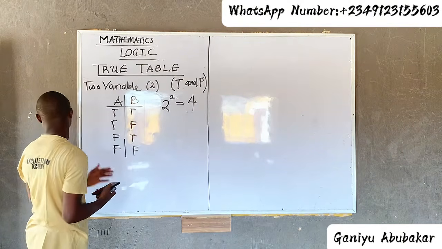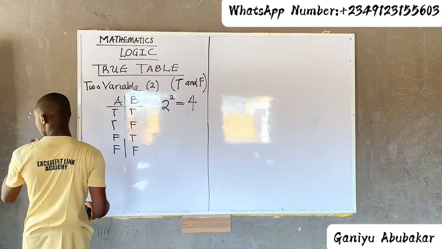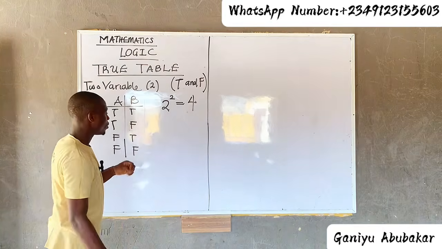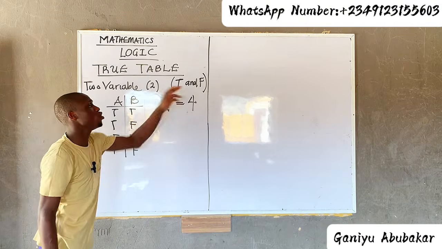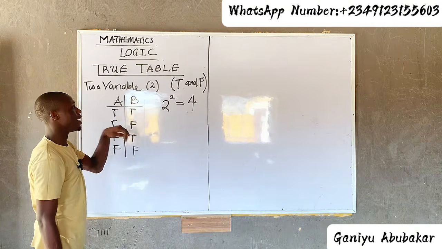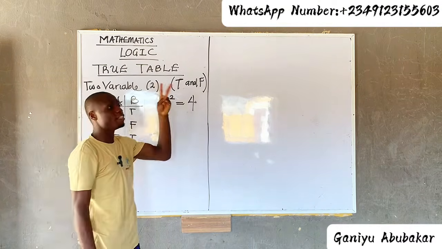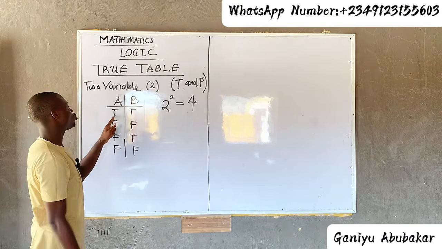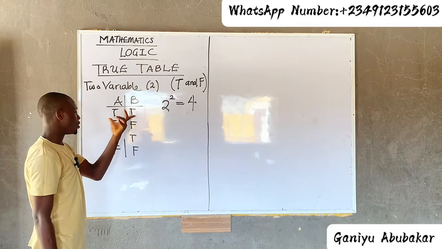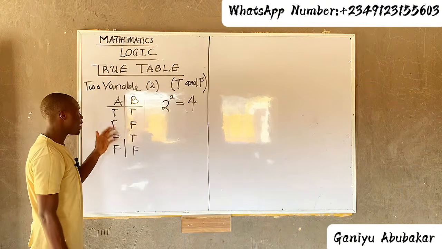Listen, I'm only focusing on true and false. So when it comes to the table there, I'm only focusing on true and false. So the task is that I'll do my true and false arrangements such that I'll not repeat any other arrangements. Look at true. Aside from this true, there's nothing like true, true here again.